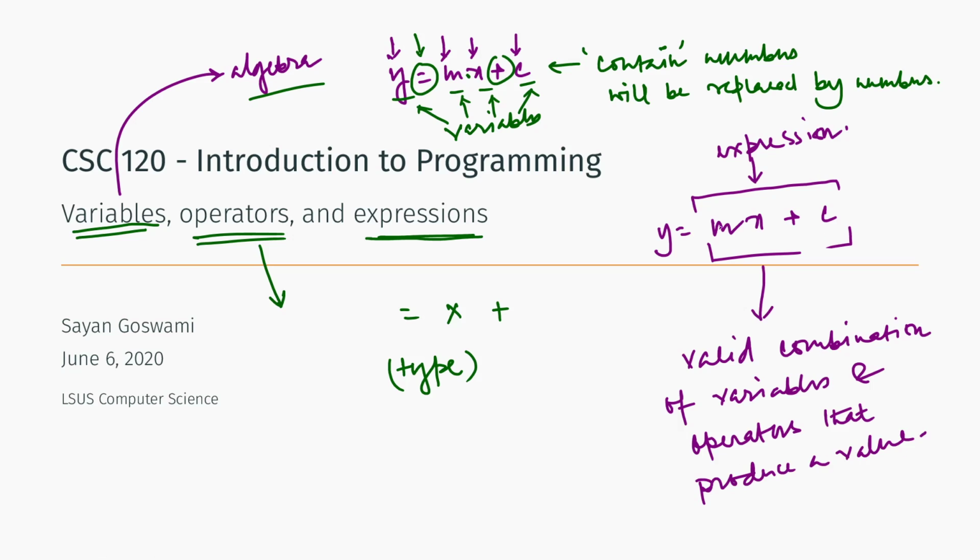Okay, so in this example mx plus c, you know that m, x and c would be replaced by some numbers, right? And then you can actually evaluate this expression. So you evaluate expressions. Once you evaluate the expression, it will yield some value, right? So an expression is a valid combination of variables and operators that produce a value.